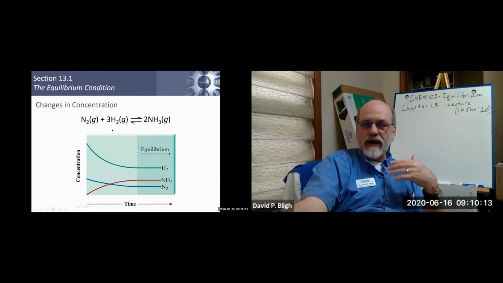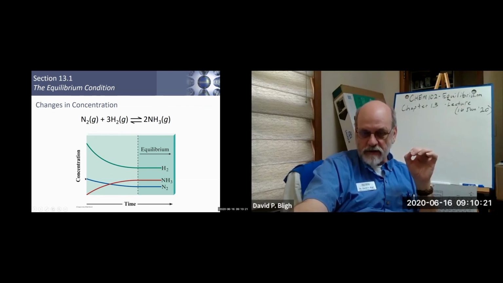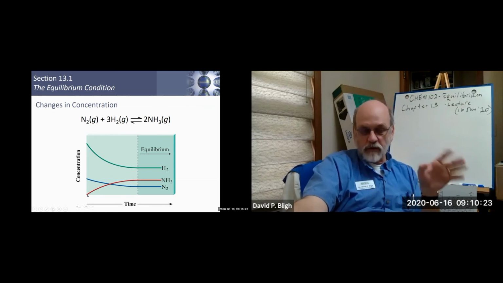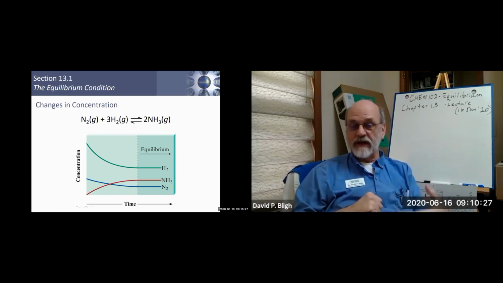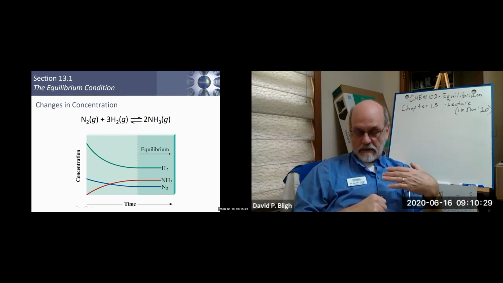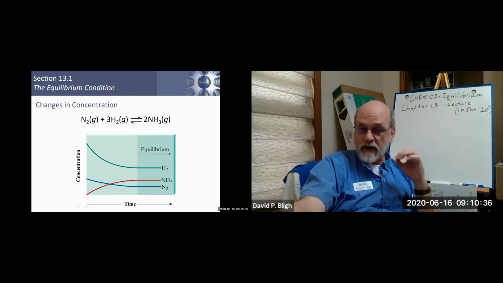If you start out with just reactants, in this case nitrogen gas and hydrogen gas, you've got a lot of hydrogen, a lot of nitrogen, and no ammonia whatsoever at the very beginning. That's where we would normally study our kinetics, when we don't have any significant concentration of products.